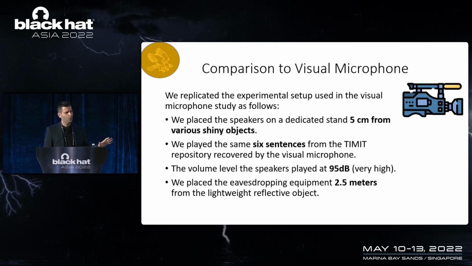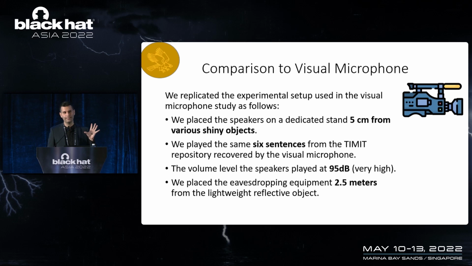And we actually replicated the experimental setup used in the visual microphone, and we did it as follows. We placed the speakers on a dedicated stand 5 centimeters from various shiny objects, the objects that I showed you at the beginning, and we played the same 6 sentences from the TIMIT repository, which was also used by the people that presented the visual microphone.